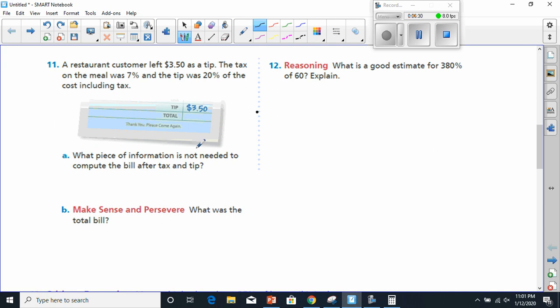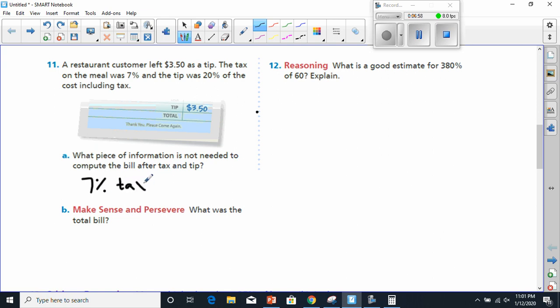What piece of information is not needed to compute the bill after the tax and tip? Well, the tip was 20% of the cost, including tax. So I don't think I'm going to need the tax on the meal at all. So the 7% tax.